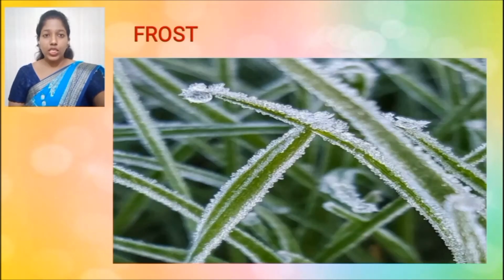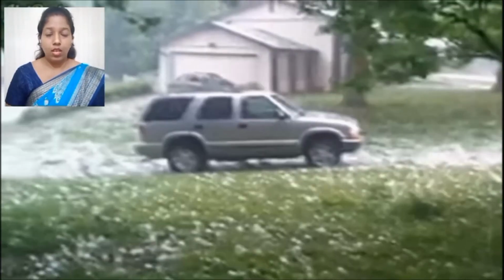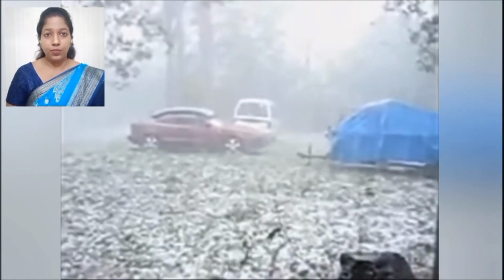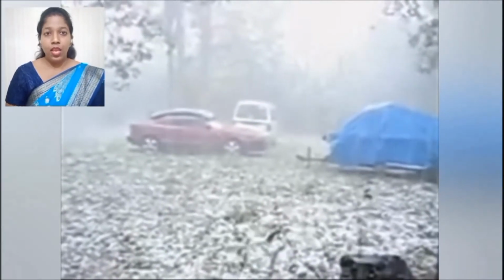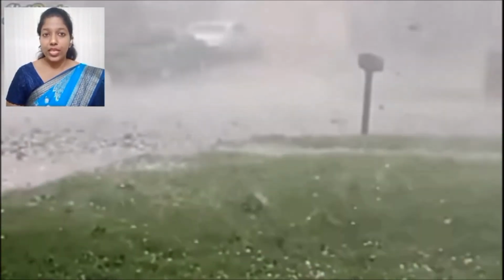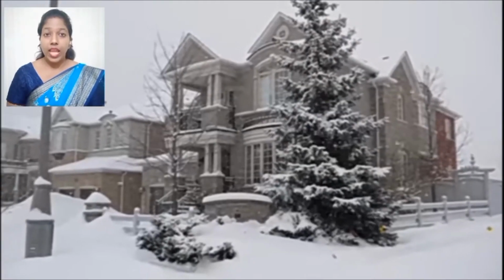Hailstones, frost and snow are also examples of the solid form of water. Hailstones are small balls of ice, as you can see here, that fall like rain from the sky. Tiny crystals of ice that fall on the earth are called snow.